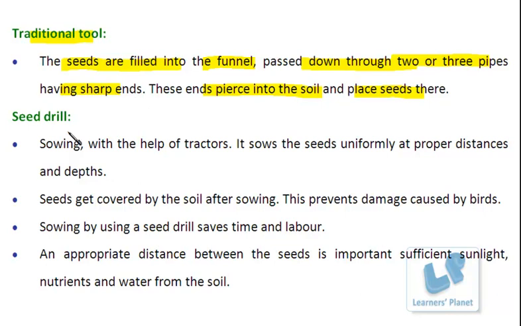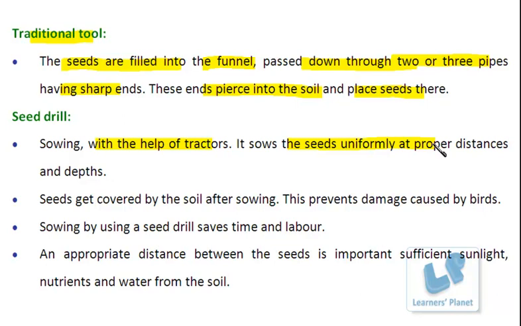The other one is the seed drill. In this case, it is done with the help of tractors. The seed drill allows uniform distribution, or uniform sowing, of the seeds. That means seeds are sown at a proper distance and a proper depth.